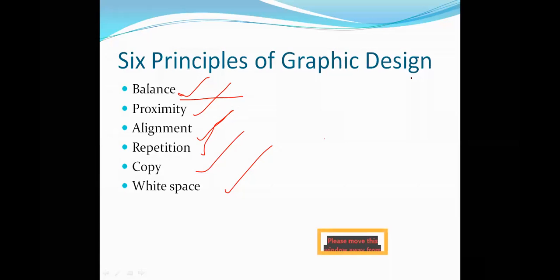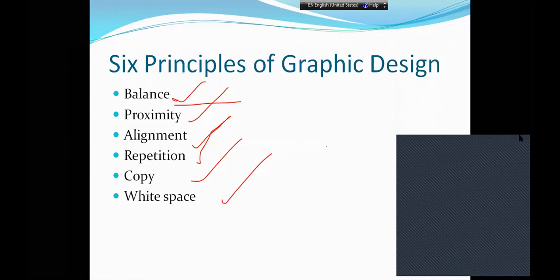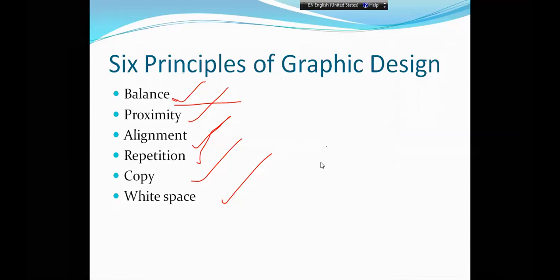6 principle of graphic design मा first thing is balance. When designing anything, everything, language देखि picture देखि table देखि everything should be balanced.